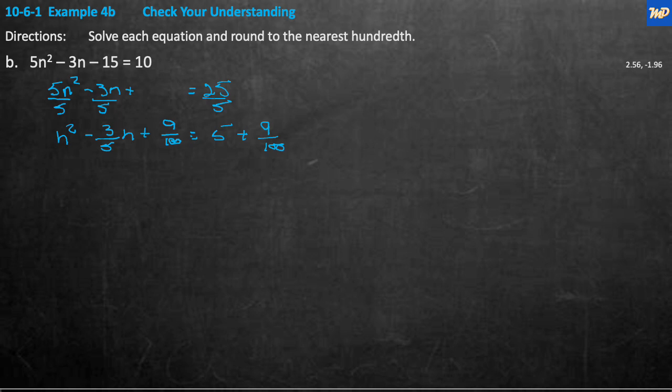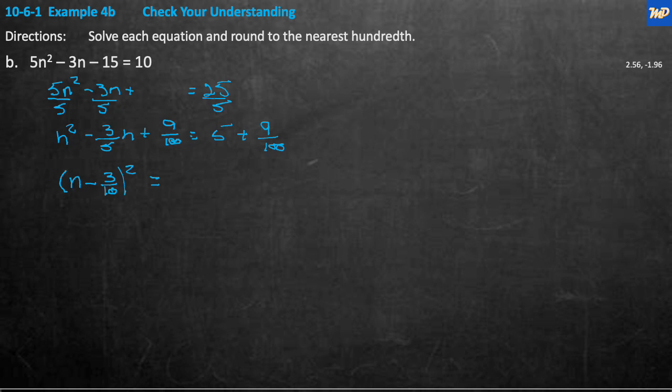Okay, without going any farther into the process, well, I will. So I'm going to take now and finish there, completing our square. We're going to create the difference of two squares. We're going to have the quantity n minus 3/10 squared is equal to, well, in order to add these two terms together, the 5 has to be over 100, so it's 500 hundredths.